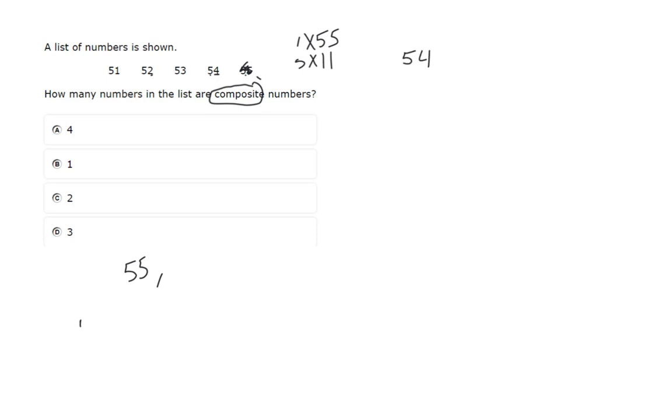So 54, even numbers are always divisible by 2, all right? Just remember that. Always look at the end of the number, okay? It doesn't matter if the number has 10 digits or 20 digits. If the last number to the right is an even number, the whole number will be even. And so it's divisible by 2.